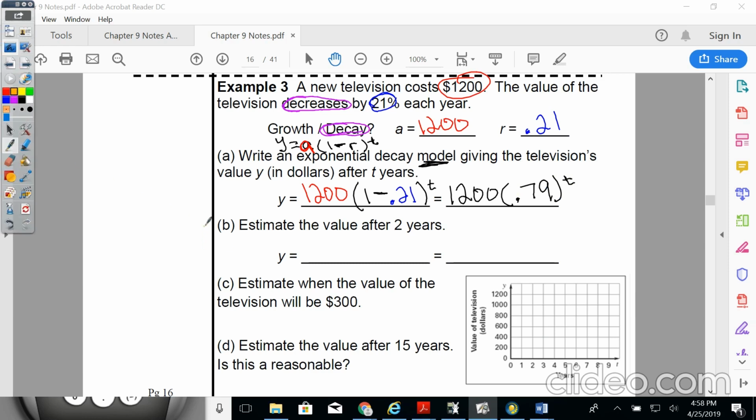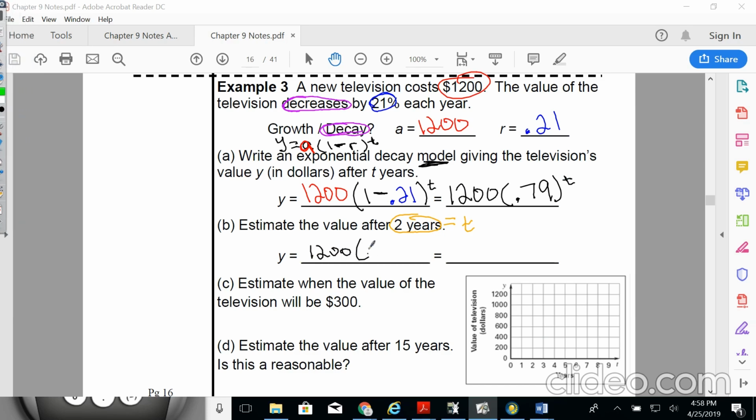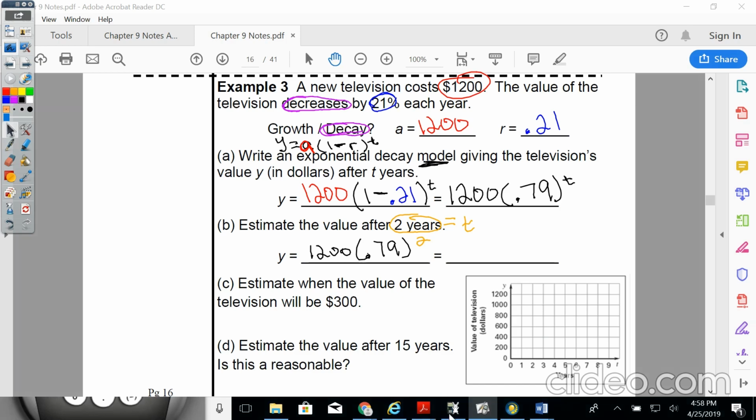All right, and then estimate the value after 2 years. So here 2 is giving us time. So we want to plug in 2 into the function that we made. So 1,200 times 0.79 squared. And then we grab our calculator and we go ahead and square this.